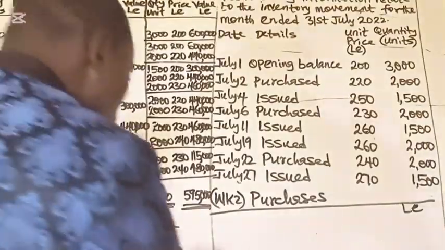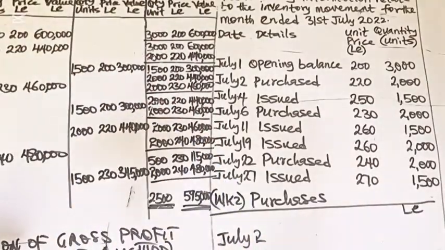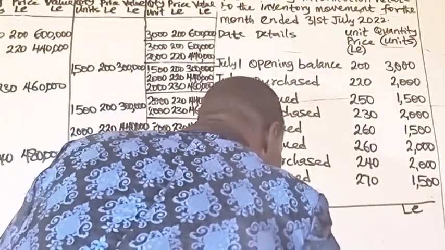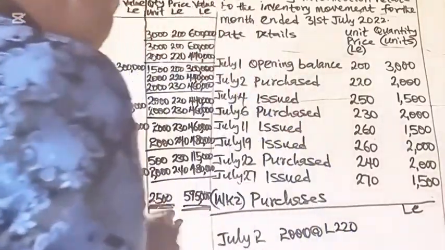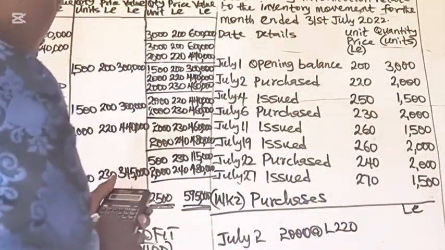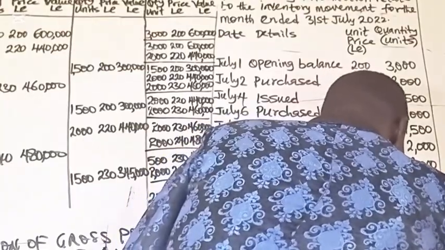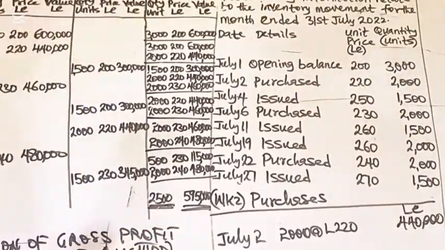Then the purchases include, on July 2nd, 2,000 units bought at the price of 220 Leone. And that gave us 440,000 Leone.